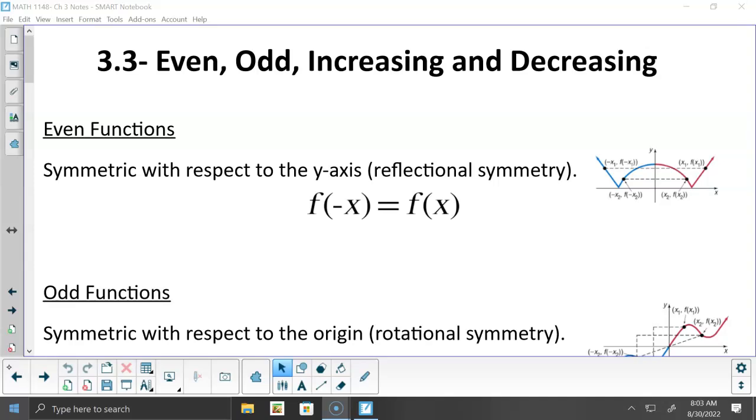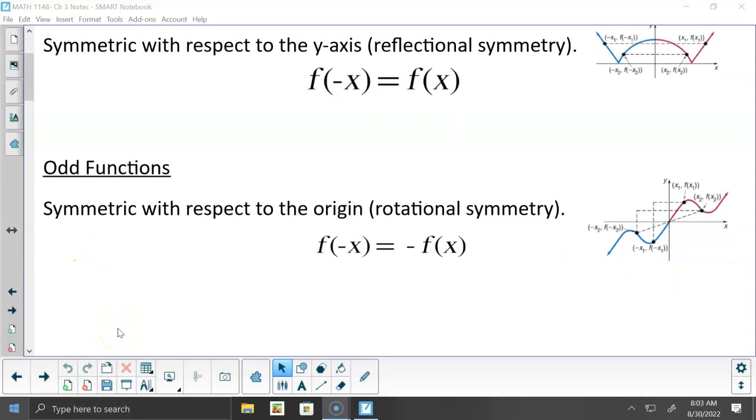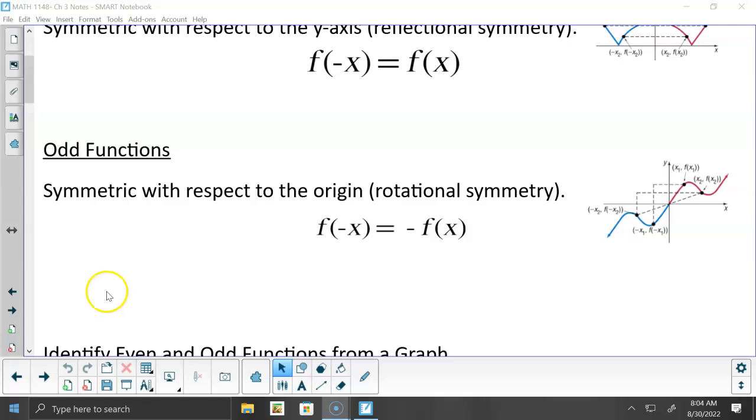Can I scroll a little bit? Can I go past even?